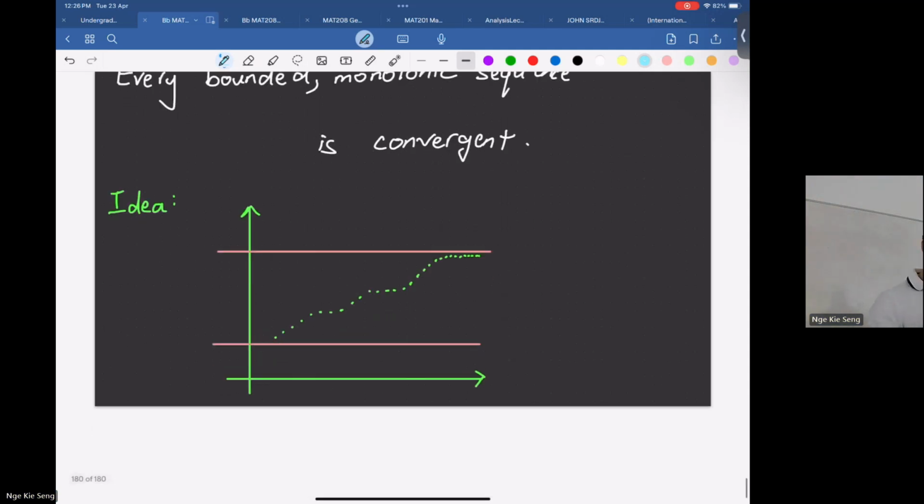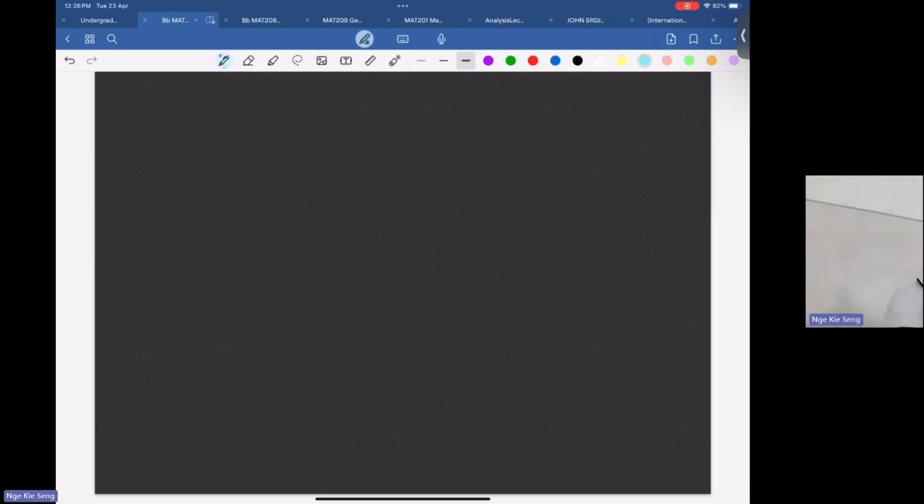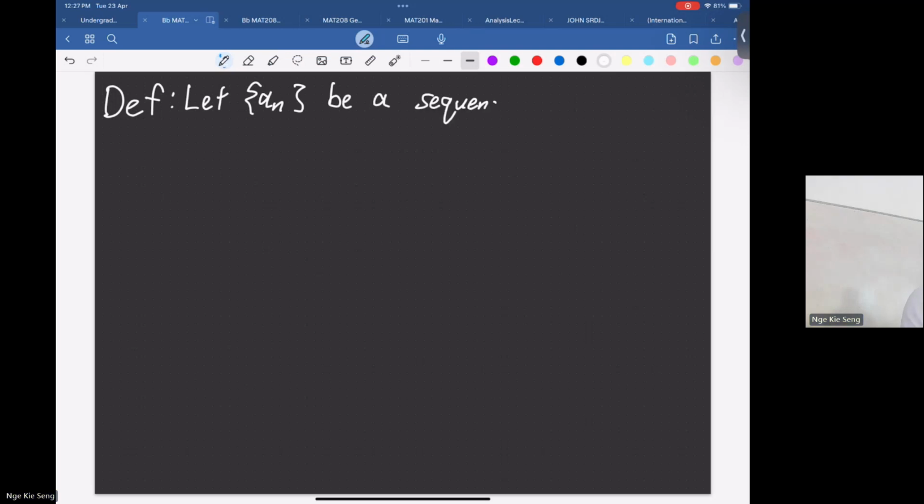Let's recall the definition. Very important. Definition is like our kamus, our dictionary. You need to refer back to every word. Let a_n be a sequence of real numbers.